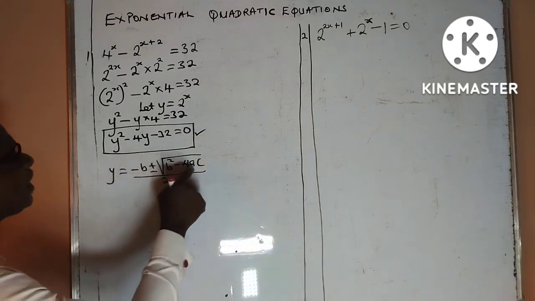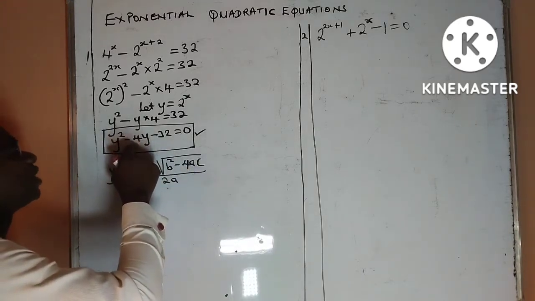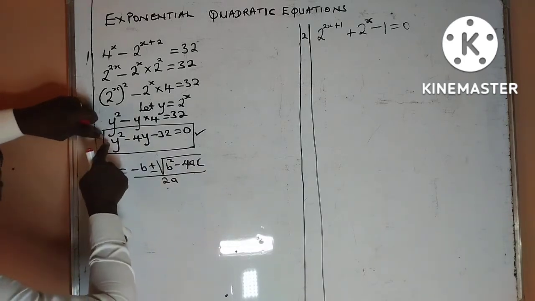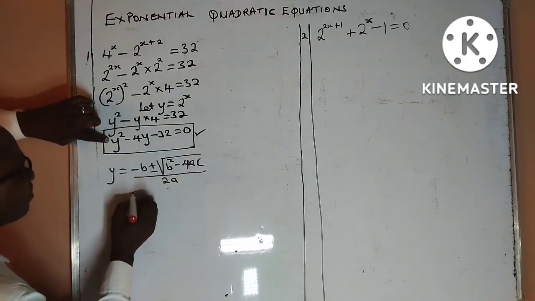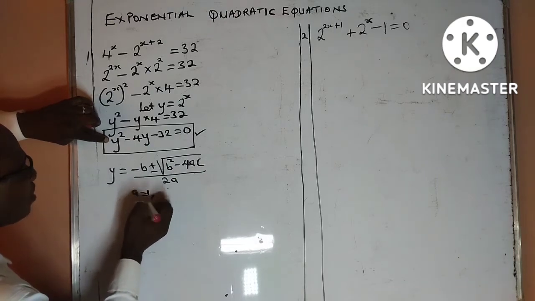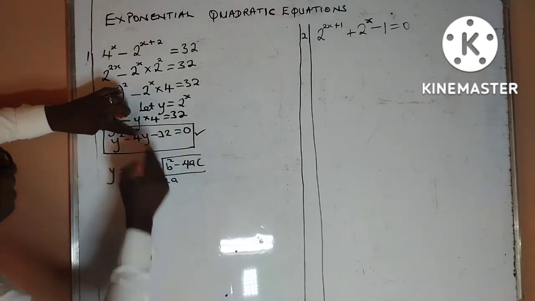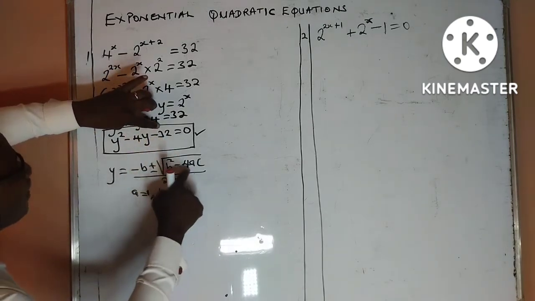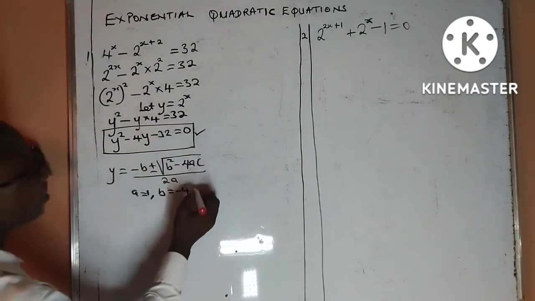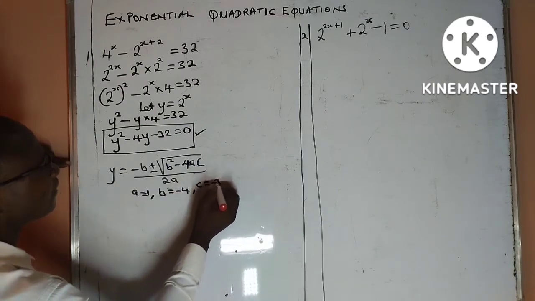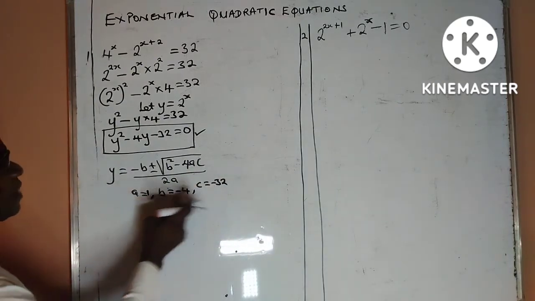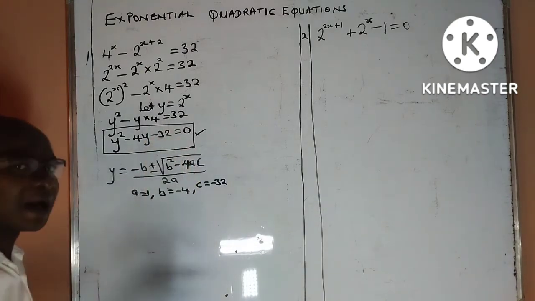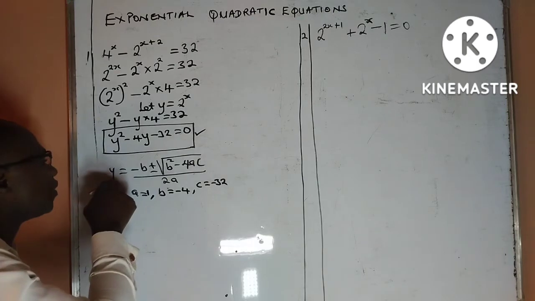So I want to find the values from this quadratic equation that are equivalent to a, b, and c. The coefficient of y squared here is my a, and it is 1. The coefficient of y here is my b, and it is equal to -4. While the value of c is equal to negative 32. Meaning, I am going to substitute the values of a, b, and c into this formula in order to get the value of y.